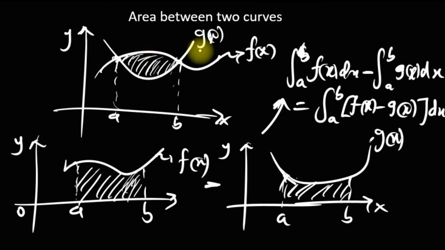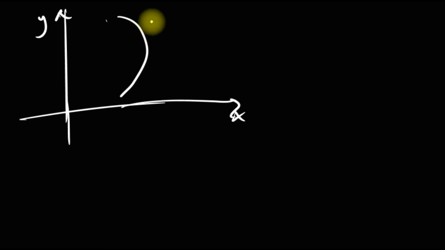So that's it. Whenever you're asked to find the area between two curves, you just do the area of the one up minus the one down, or this is just in terms of the x-axis. We can still write it in terms of y. Or maybe if you are given two curves, maybe this is g(y) and this is f(y).